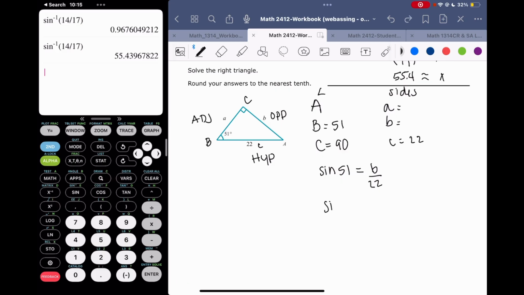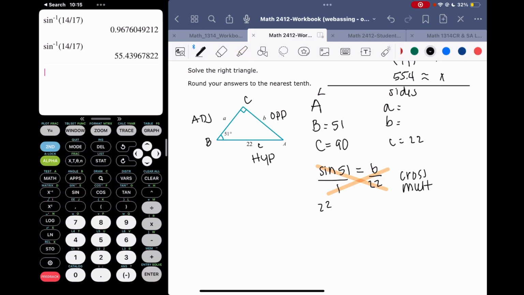So here's how this works. We're going to cross multiply. We assume that the sine 51 is over 1. So when we cross multiply, it's going to be sine of 51 times 22 and then 1 times b.